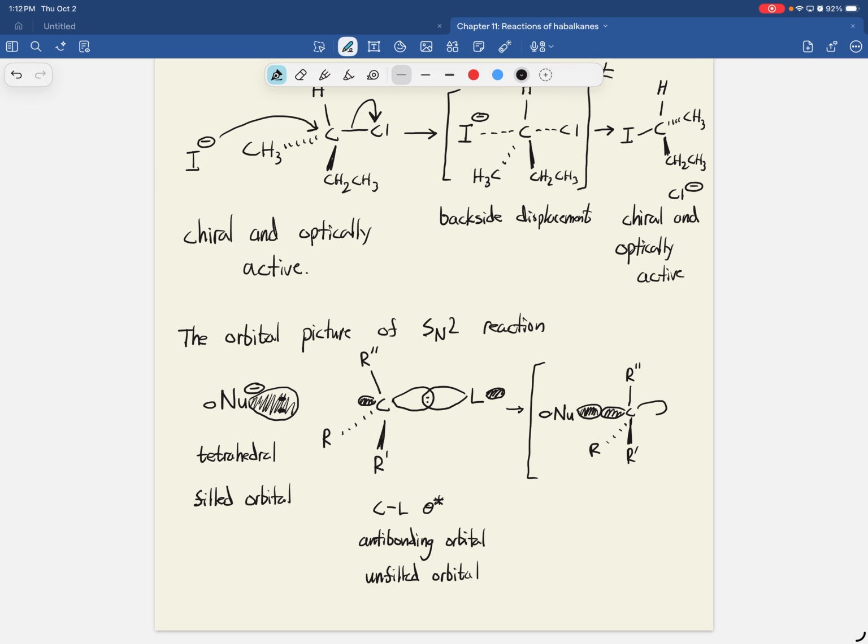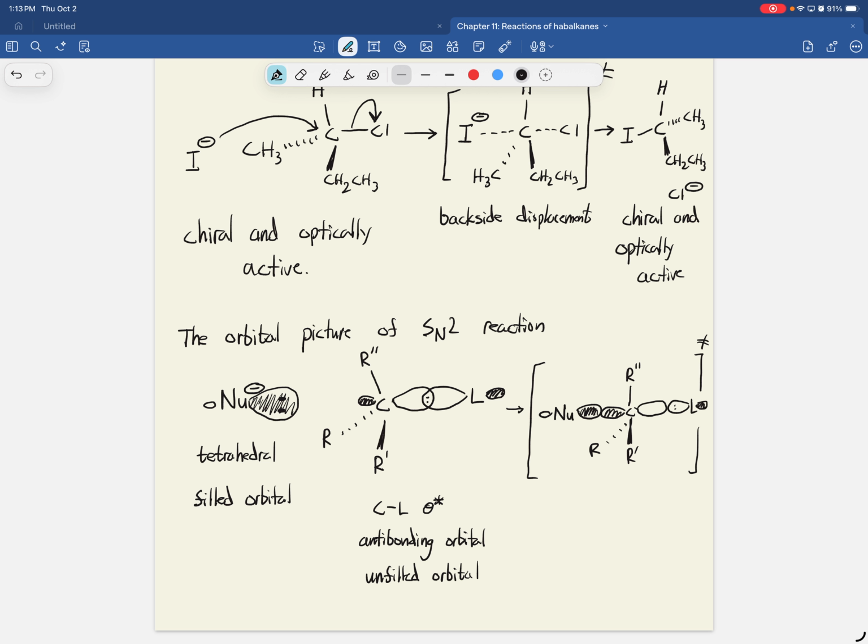And now the leaving group orbital is still here, but the orbital now is looking like a p orbital, and it's being taken away by the leaving group. So this is our transition state still. Okay, so the nucleophile approaches. Its electrons are being shared now in the transition state with the carbon atom, forming a new bond.